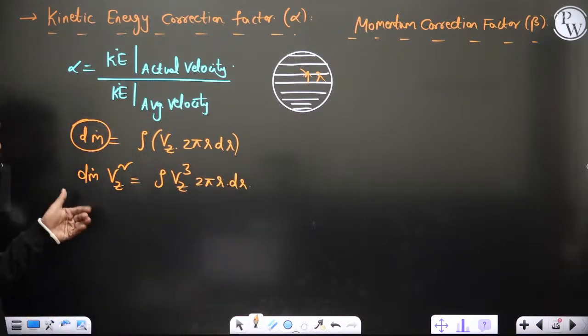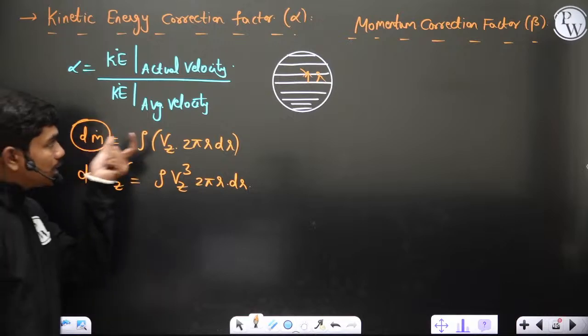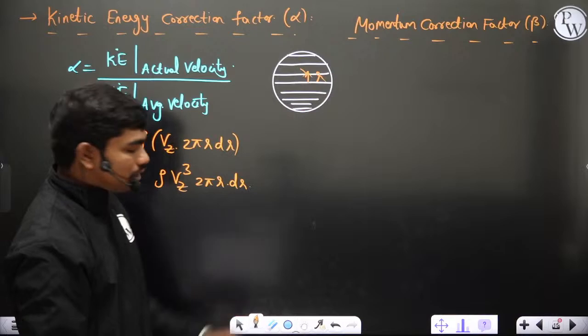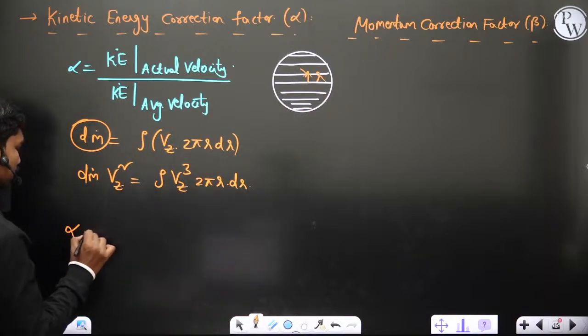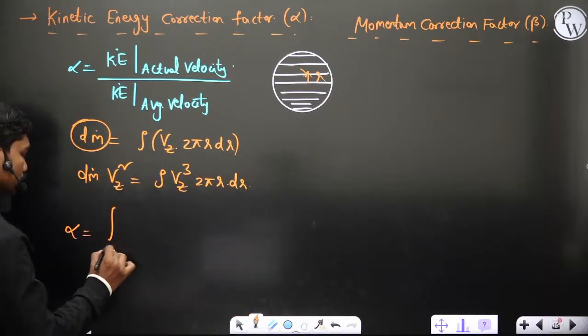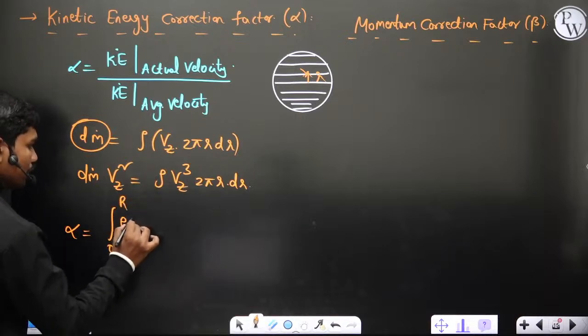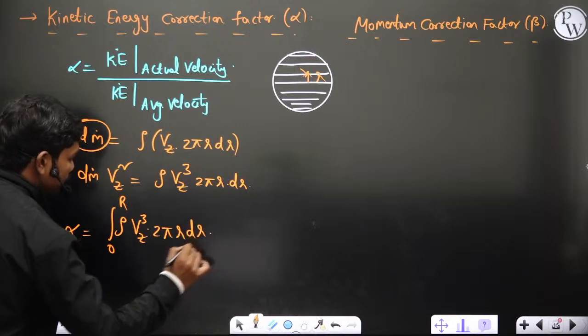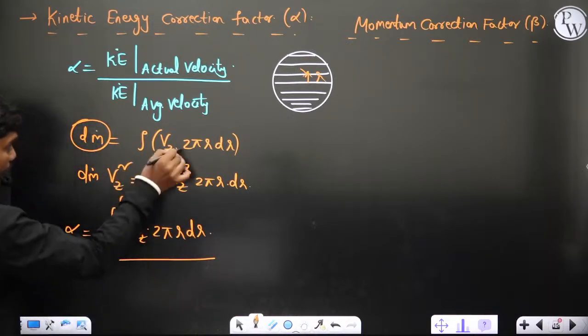Okay, now this is actually the kinetic energy passing through this small element per unit time. So if you want the complete kinetic energy, this can be written as alpha equal to integral 0 to capital R rho vz cube into 2 pi r dr, divided by the expression based on average velocity.